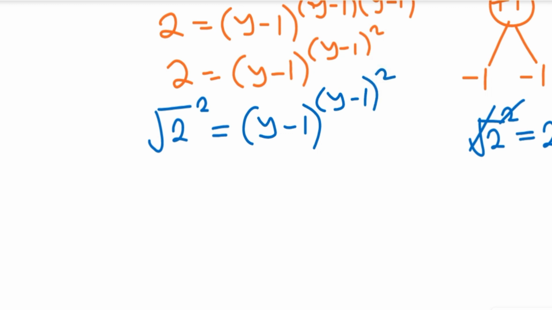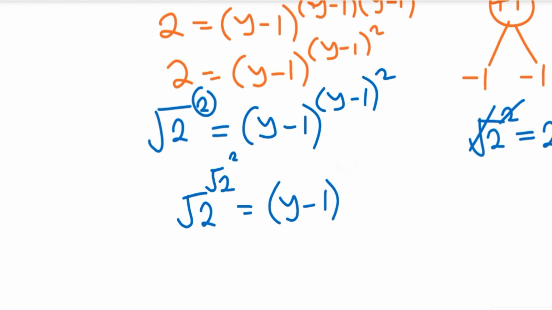Now the same rule will also play here. That will give us the square root of 2 to the power of square root of 2, squared, equal to y minus 1 raised to the power of y minus 1, squared.